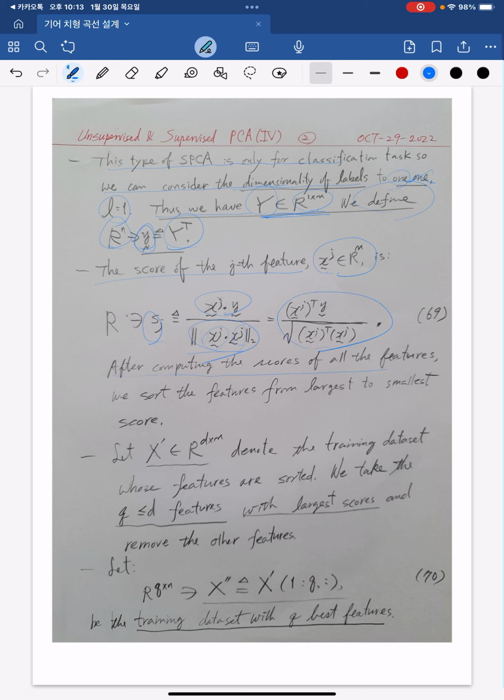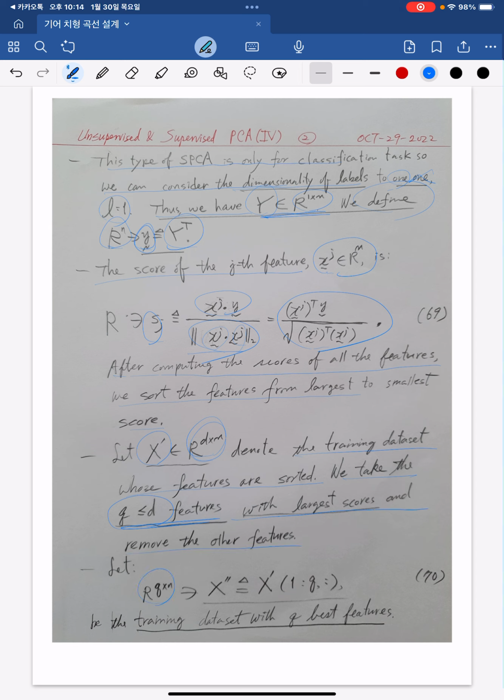After computing the scores of the features, we sort the features from largest to smallest score. X prime, D by N, denotes the training data set whose features are sorted. We take the Q equal to or less than D features with the largest scores and remove the other features.